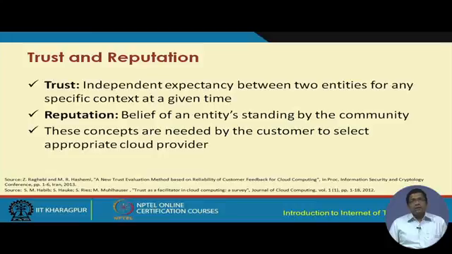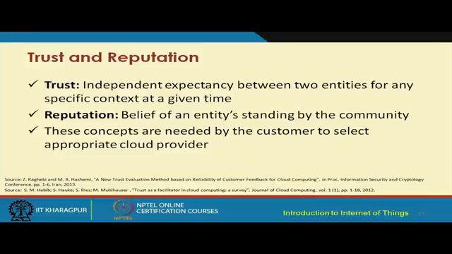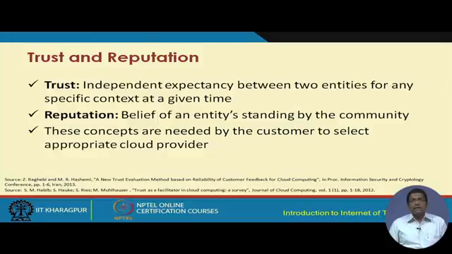Trust and reputation are very important. Trust basically takes care of the issue of independent expectancy between two entities for any specific context at a given time. So, they have to trust each other.